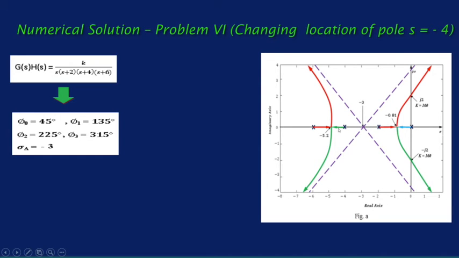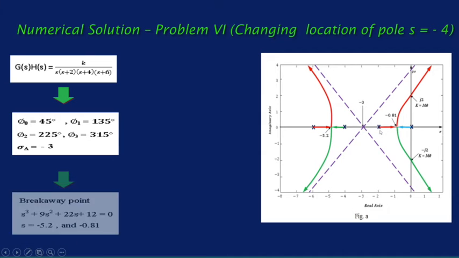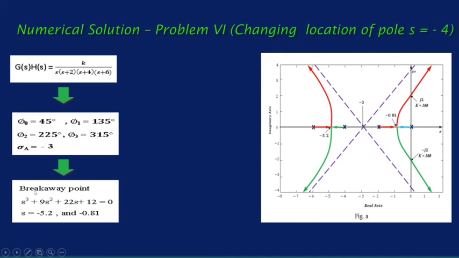And these two root locus branches meet at that point. So calculate the breakaway point. Using the characteristic equation and then dK/ds equal to 0, from this equation we get s³ + 9s² + 22s + 12 = 0. From this equation you calculate only two roots, because there are only two breakaway points present in the system.